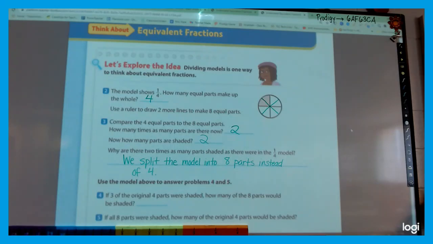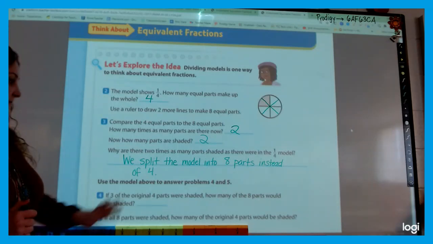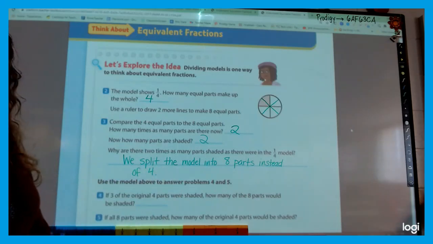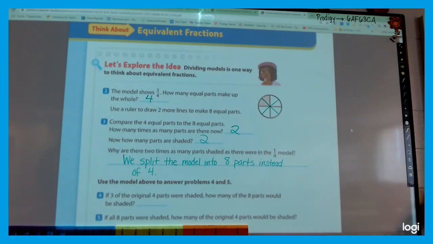I will give you a minute to copy that down. And if you have different words that you would like to use, feel free. Okay, I am giving you one example. We could answer that question in many different ways.